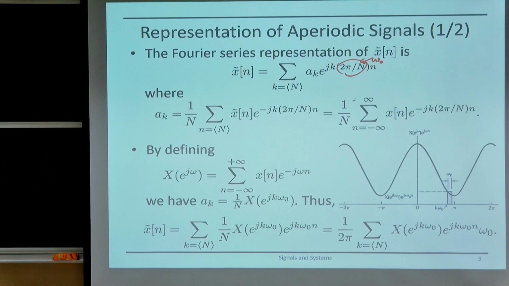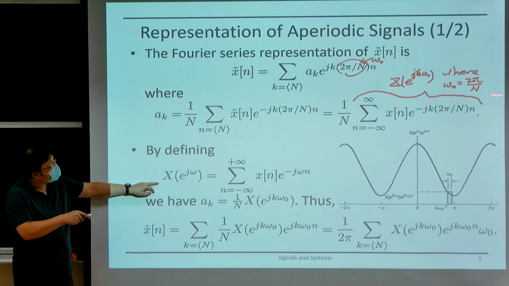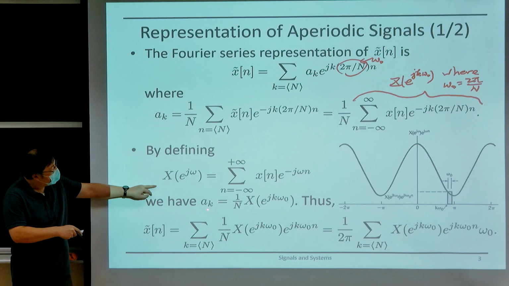So this term here is actually X of e to the j k omega naught, where omega naught is 2 pi over capital N. Okay? So if you do replace the summation with this capital X, then a_k is just 1 over N times this capital X at k omega naught.